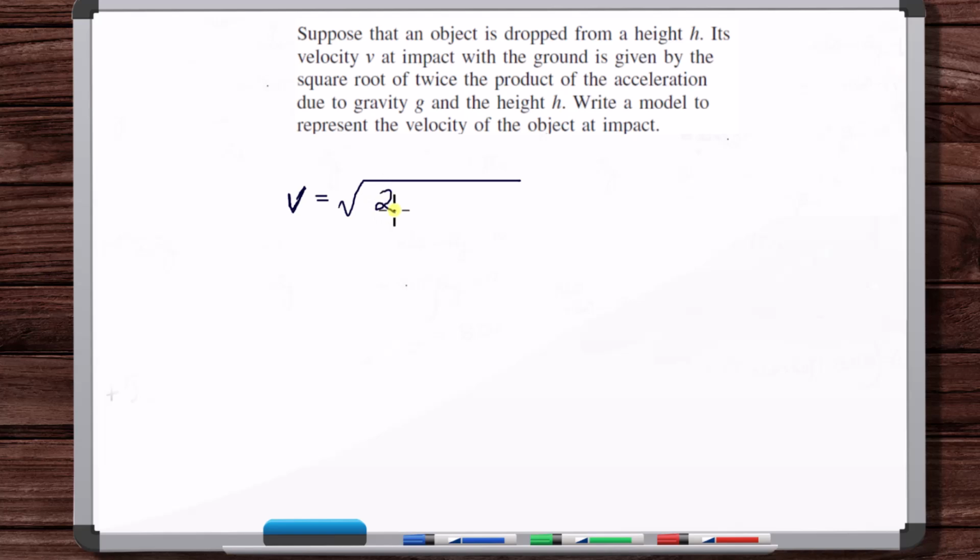Twice the product of the acceleration due to gravity. So twice, and there's a bunch of stuff going on, so I'm going to put parentheses. Twice what? Twice the product of the acceleration due to gravity, G. So the product of G and H. Okay, and that's it. So now we can clean this up. So V is equal to the square root of, we could just put this as 2GH.